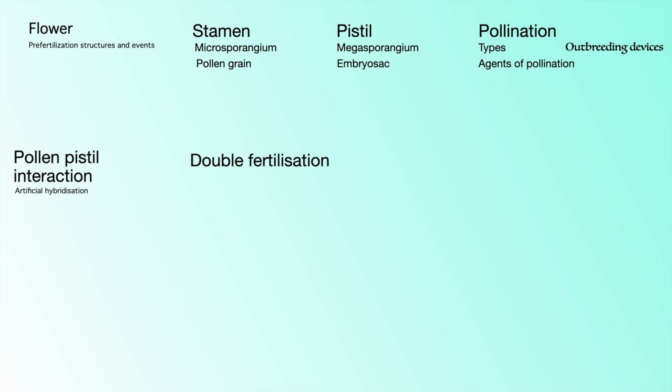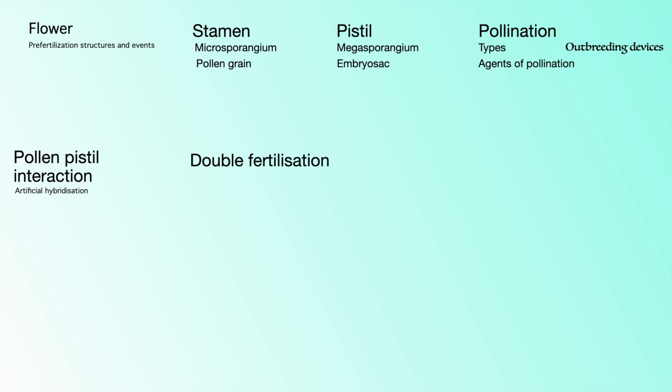Now let us talk about double fertilization. Why is it double fertilization? Because two fertilization events occur. You know, double fertilization is unique to flowering plants. Let us see about this double fertilization.